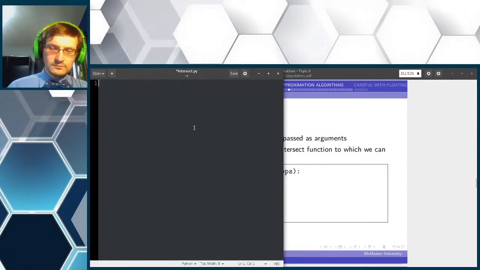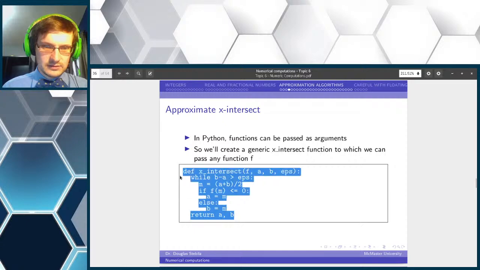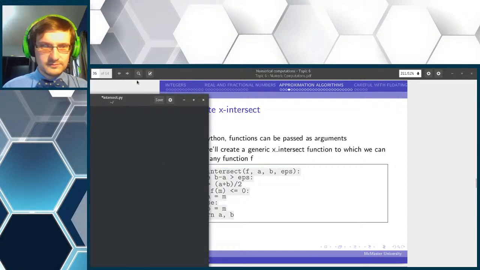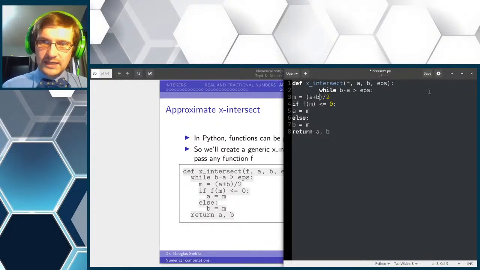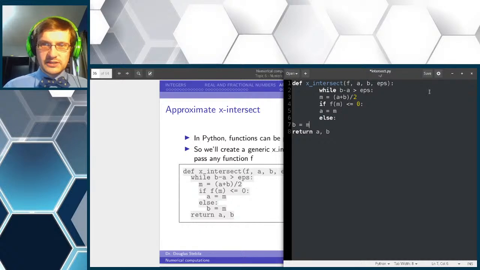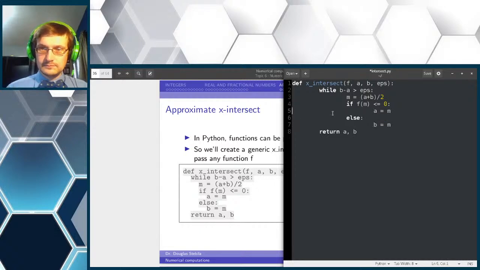So, if we just take this, scoop it out, plop it in there, fix the tabbing. So the question is, what's going on here?